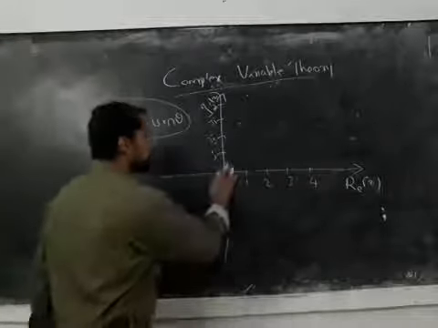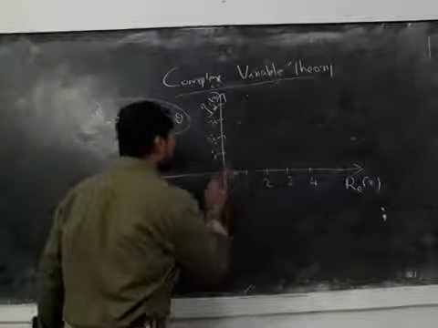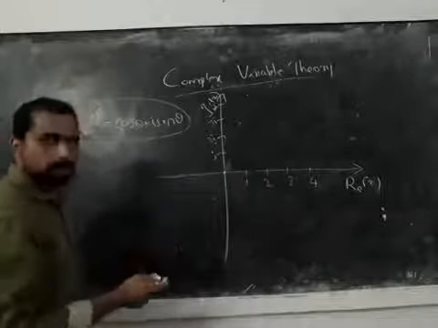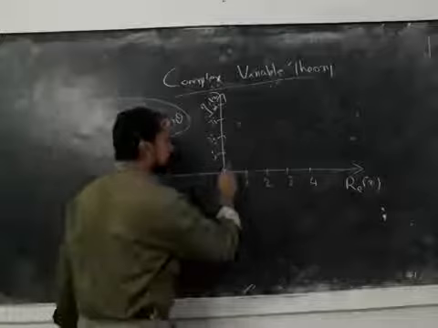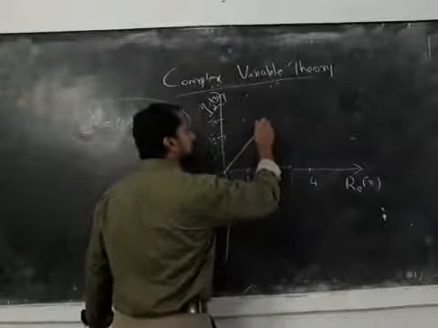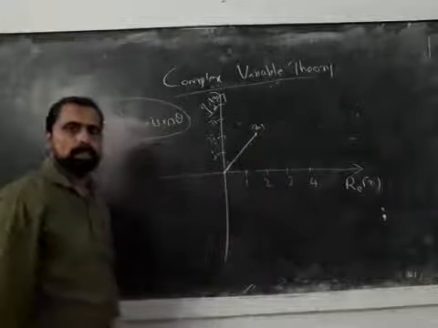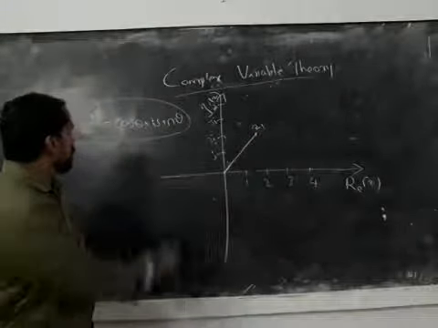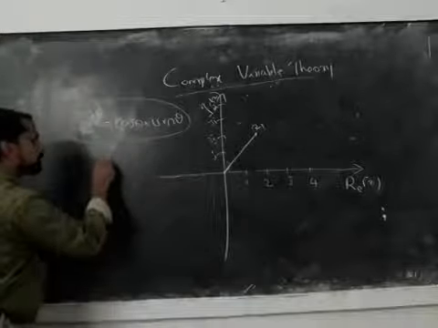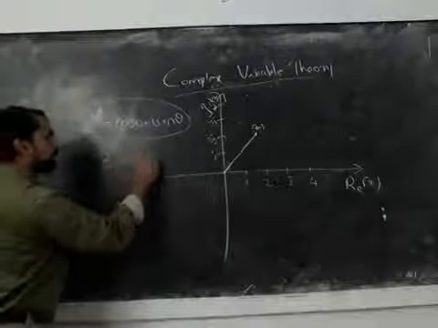Now we will take it to any one complex point z1. So how do you get it? After doing this, actually we came to the point z is equal to r e raised to i theta.